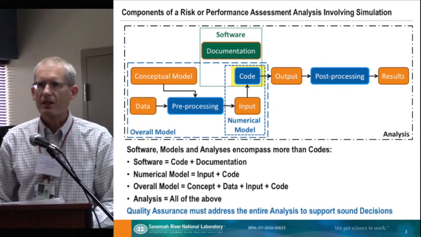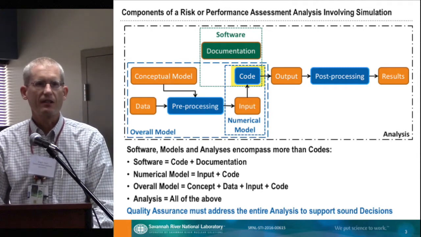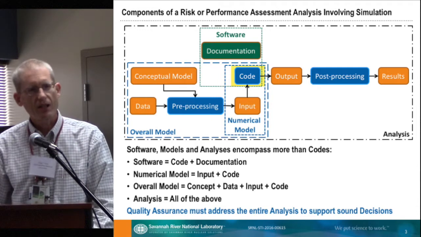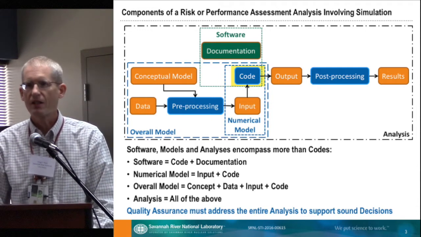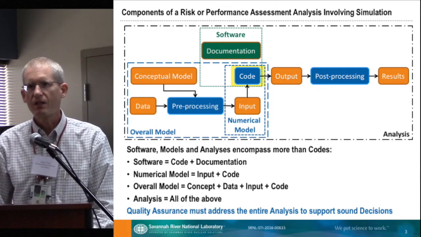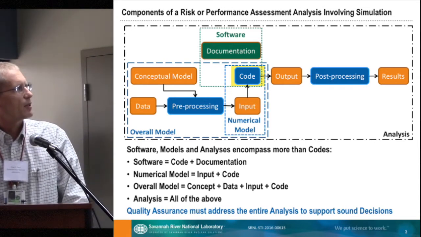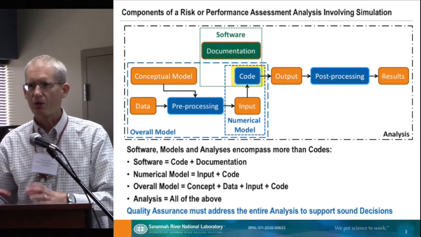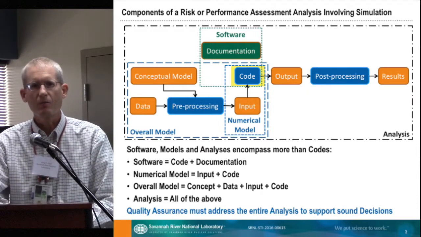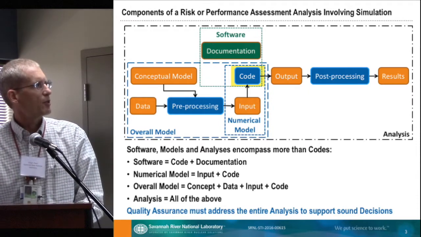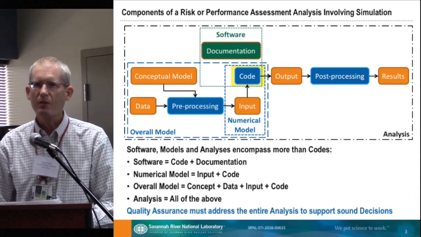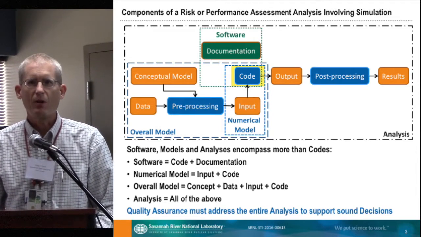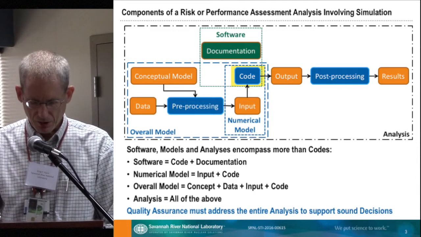So a typical risk in performance assessment analysis revolves around some sort of numerical simulation code. That's not necessary, but in this computer age, that tends to be the situation. So I've started off this little graphic here with a block called code, highlighted in yellow in the middle. We'll start off at the center of our risk or PA analysis. And then I've drawn several other components that come into play in a typical analysis.